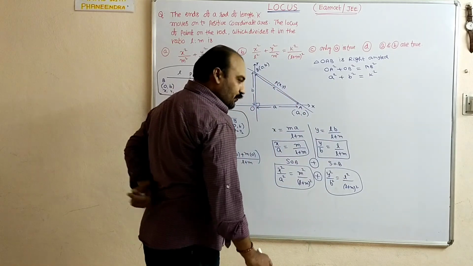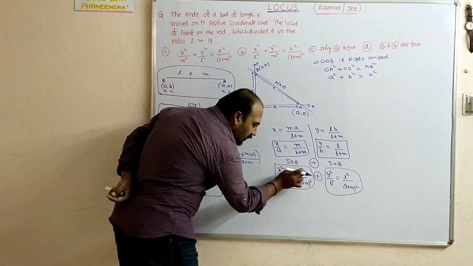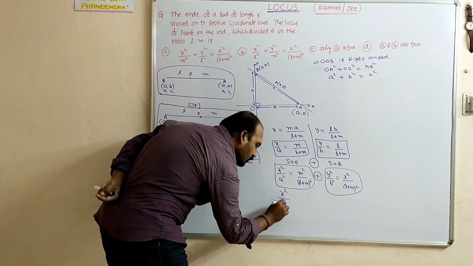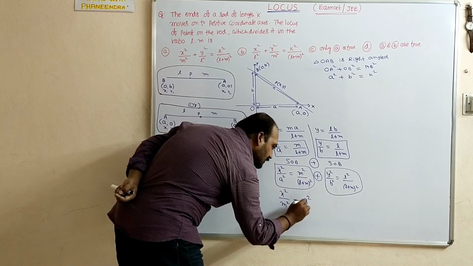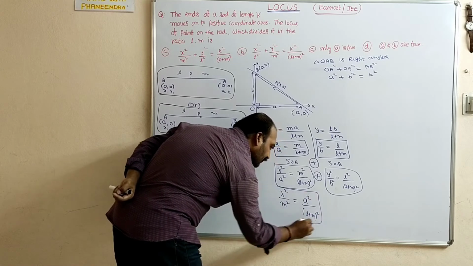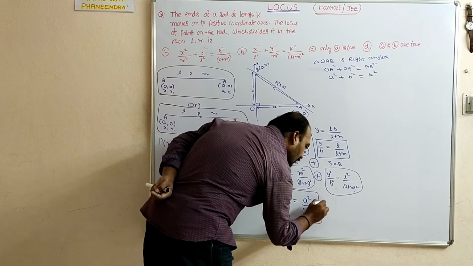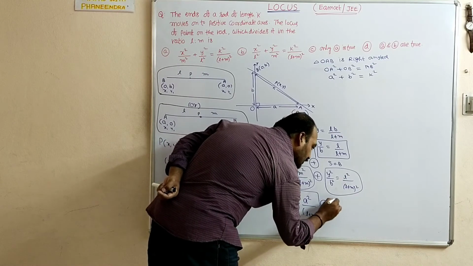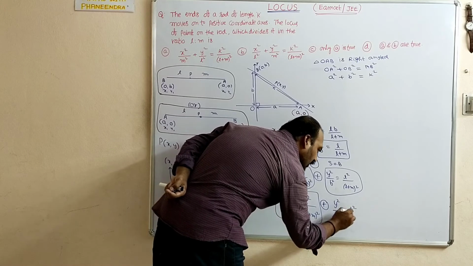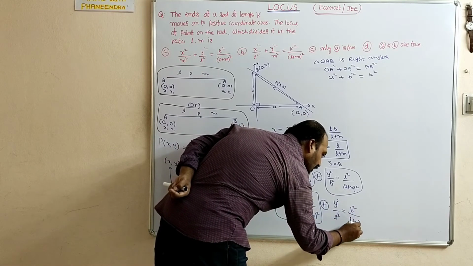So now just a square, m square you have to interchange. This can be written as x square by m square equal to a square by (L plus m) whole square. Here also, y square by L square equal to b square by (L plus m) whole square.